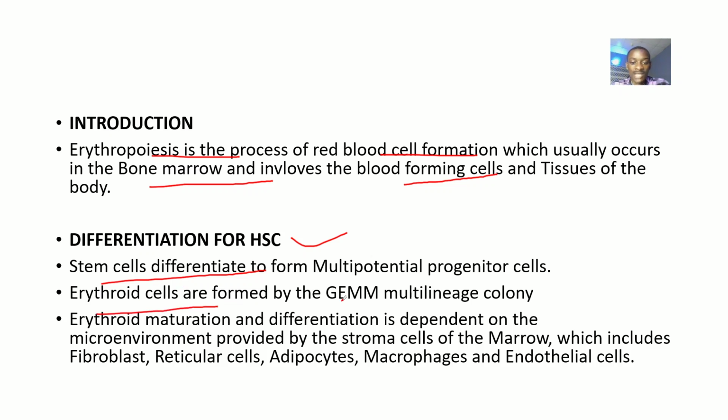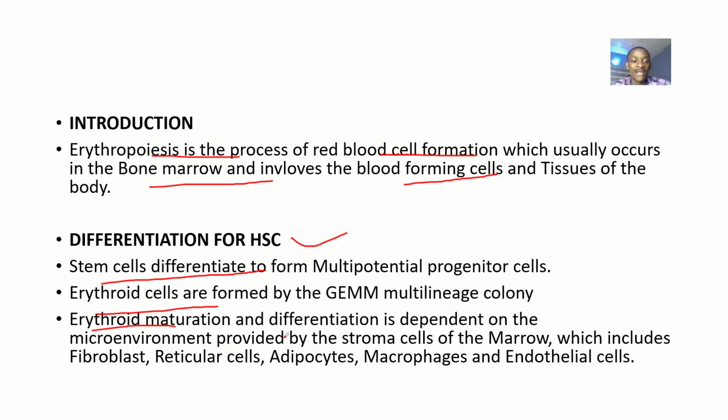The erythrocells are formed by the granulocyte, erythrocyte, monocyte, and megakaryocyte multi-lineage. So they have a big lineage that has the capacity of forming a granulocyte, an erythrocyte, or erythrocyte progenitor cells, a megakaryocyte, and monocytes. The erythrocells, the parent cells for erythropoiesis, are formed from this multi-lineage.